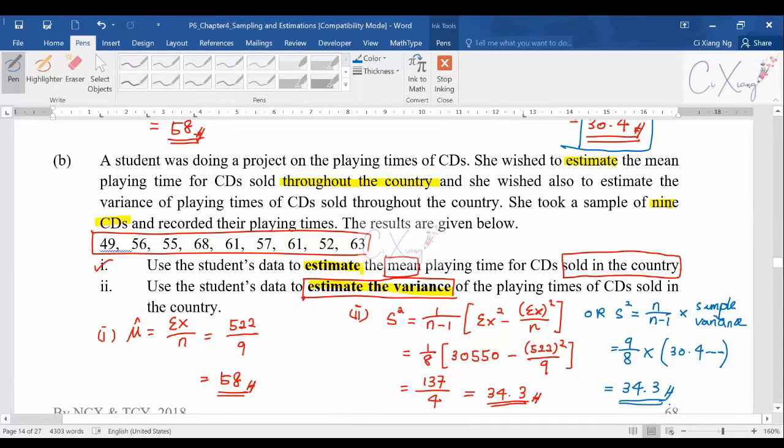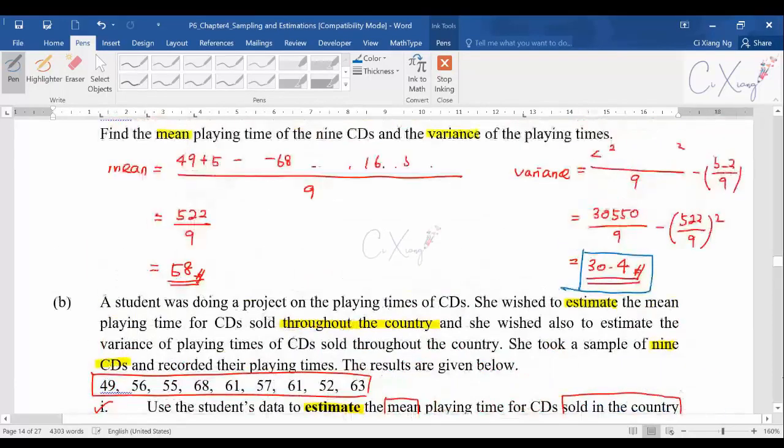That's why they call it a sample variance for this 9 CD in this case, because in this particular part B, the 9 CD has become a smaller group, which is a sample. That's why in part A, when you calculate, you use the population formula to calculate the variance, because in part A, the 9 CD itself is the whole group, the population.